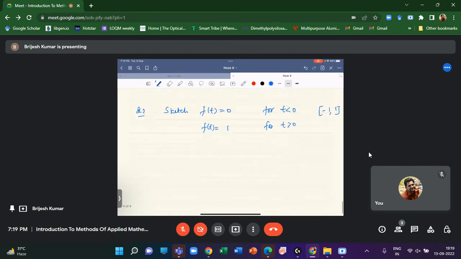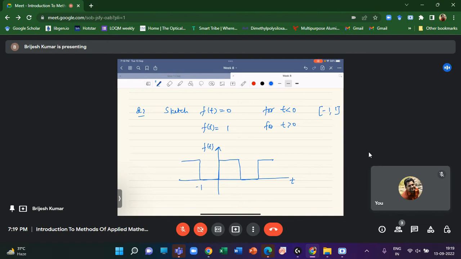We can say this is a step function, right? 0 to 1. So this is t and this is f of t. Then it will be something like this function.